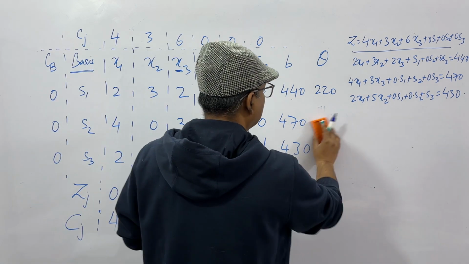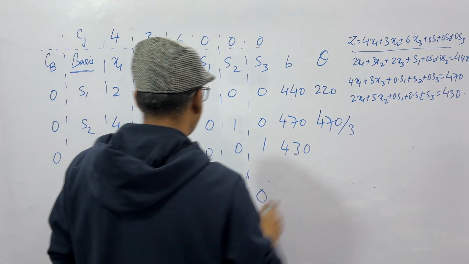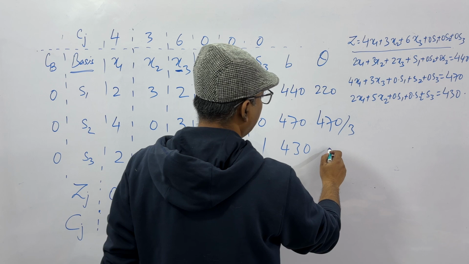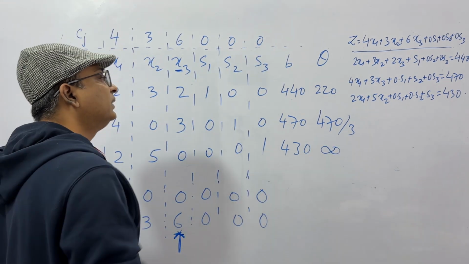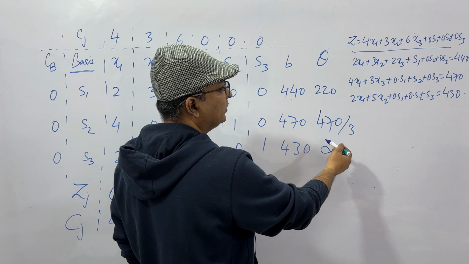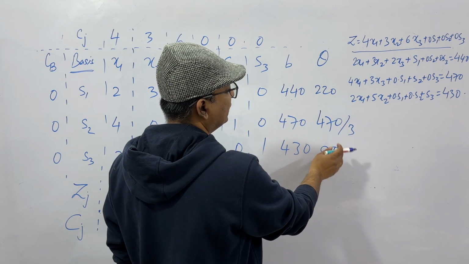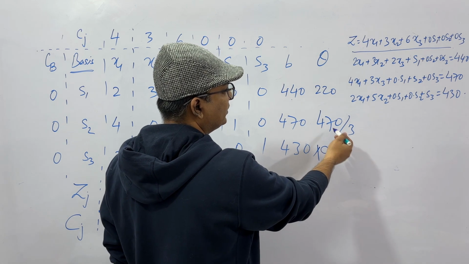I'm writing 470 by 3 only. And here we'll have 430 by 0, so this will be infinity. I told you we'll select that value of this ratio which is minimum positive. This we don't take into account. This is around 165, this is 220.